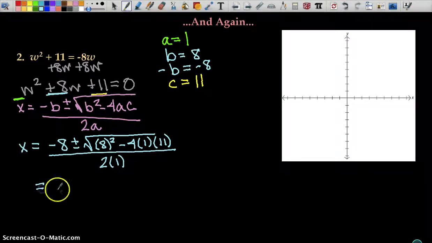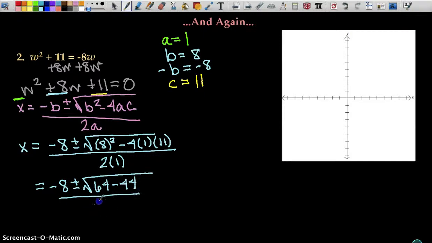Now remember, we're simplifying. Simplify all of the numerator first. So we get 64 minus 44 over 2. And then we get negative 8 plus or minus the square root of 20 over 2.